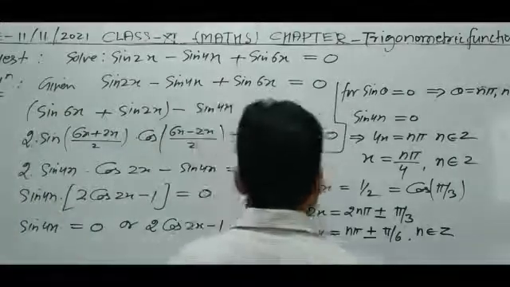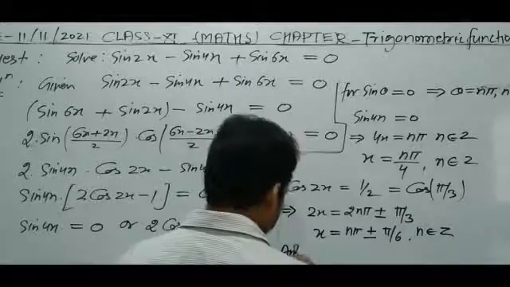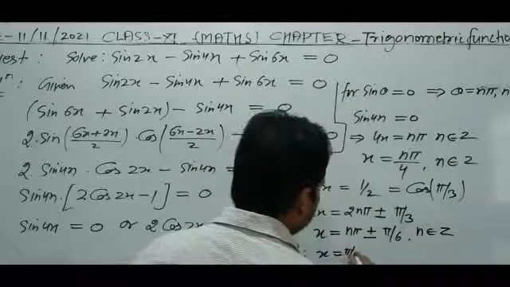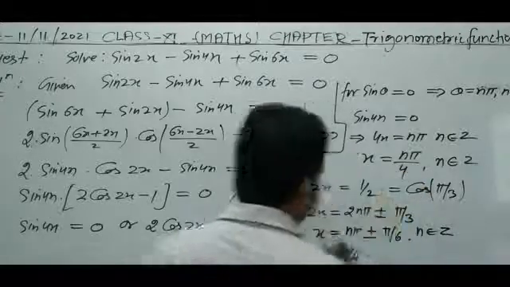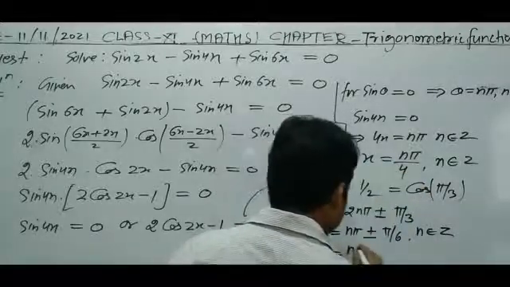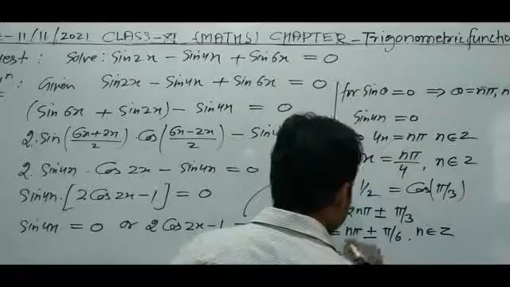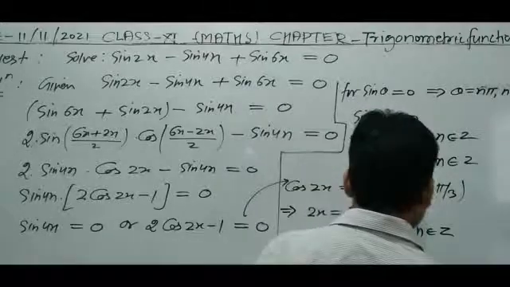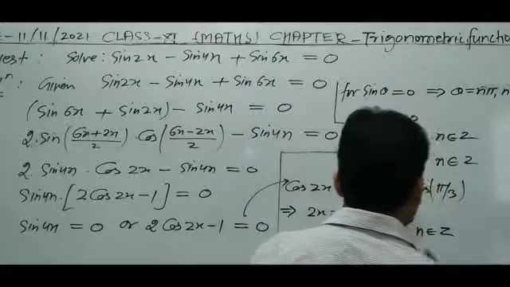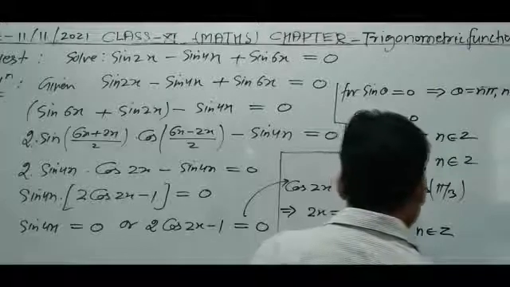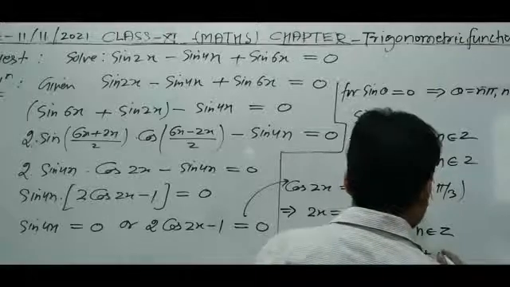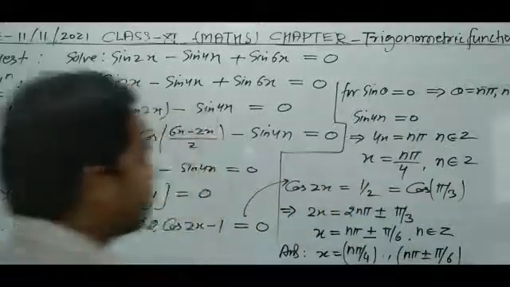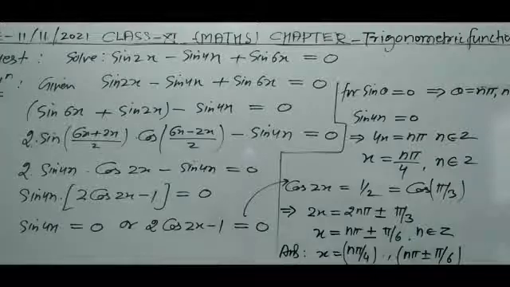This is the answer. The answer is x is equal to n pi by 4, comma, n pi plus minus pi by 6.